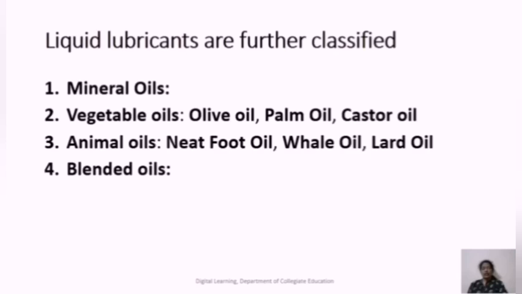blended oil. When mineral oils are mixed with animal oil or vegetable oil, then the mixture formed is called blended oil. That is, it is a mixture of mineral oil with vegetable oils or animal oils.